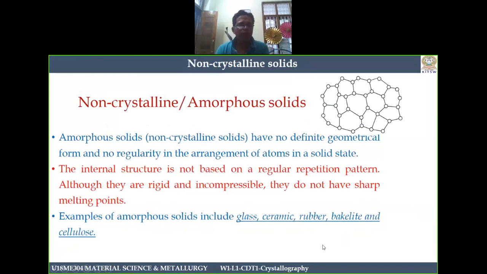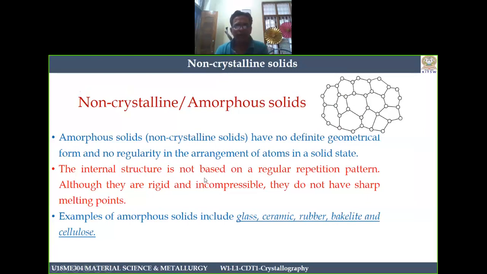Now coming to non-crystalline or amorphous solids, you can see the difference between crystalline and non-crystalline materials. The figure here shows that the pattern is not definite, it is not regular. These have no definite geometrical form and no regularity in the arrangement of atoms in the solid state.